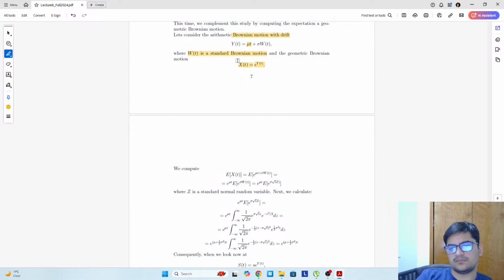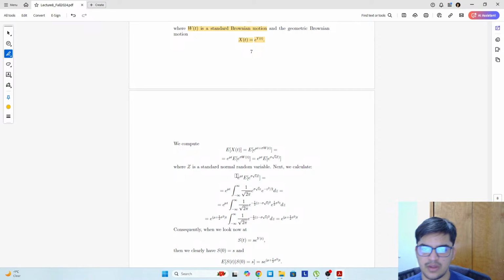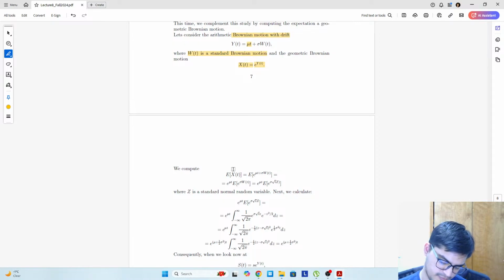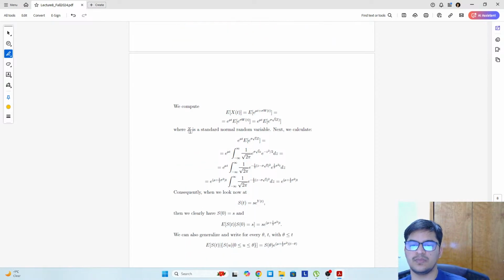So geometric Brownian motion is written as e to the mu t plus sigma root t Z, where Z is the standard normal variable.